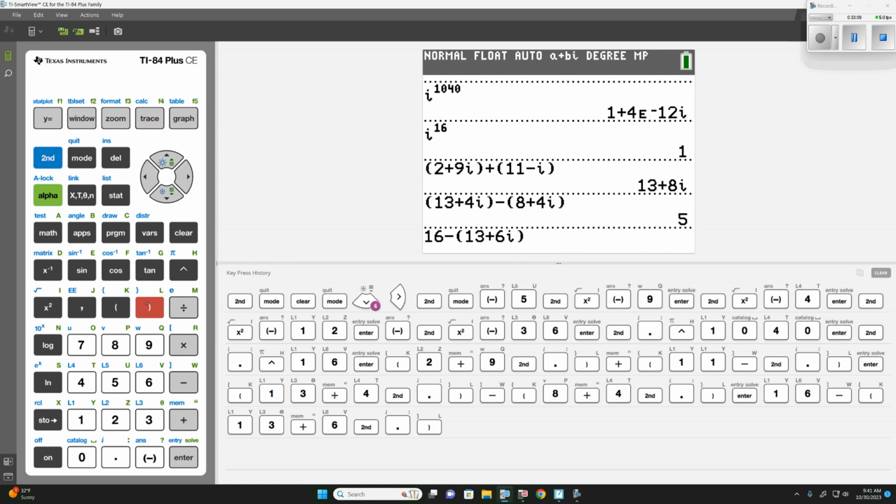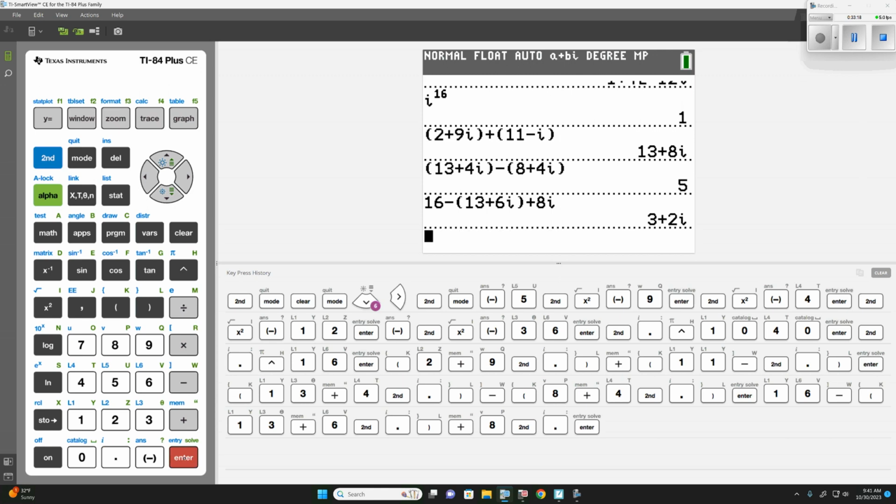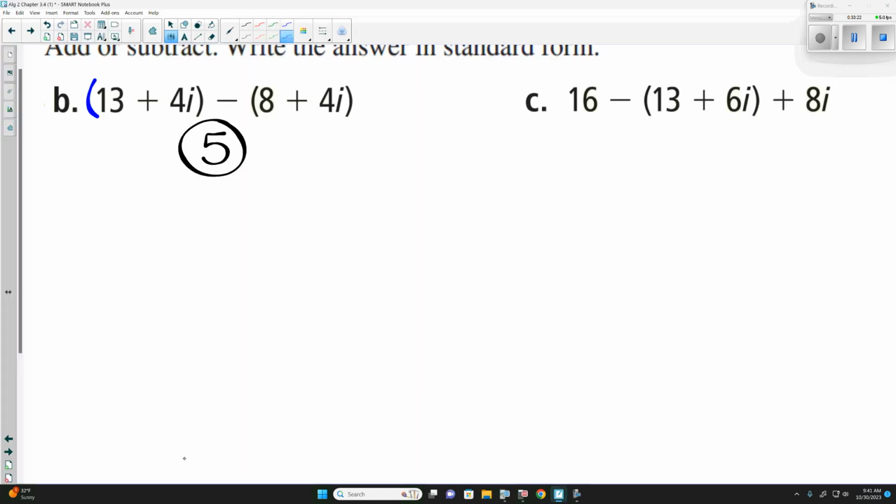Then plus 8, and then second decimal to get i, enter: 3 plus 2i. I probably should have told you all to get your graphing calculator for this, but it still works. Questions?